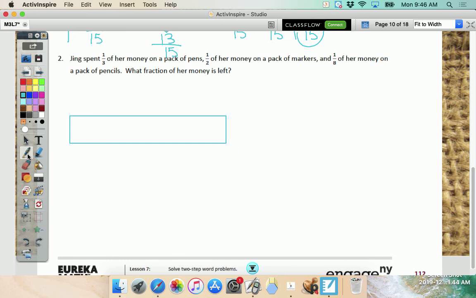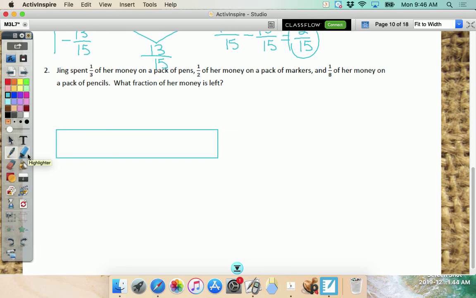Now, this is very similar, except for what? The whole is all the money in her wallet. How many parts? 4. She's got pens, markers, pencils, and left. So let's get that labeled.